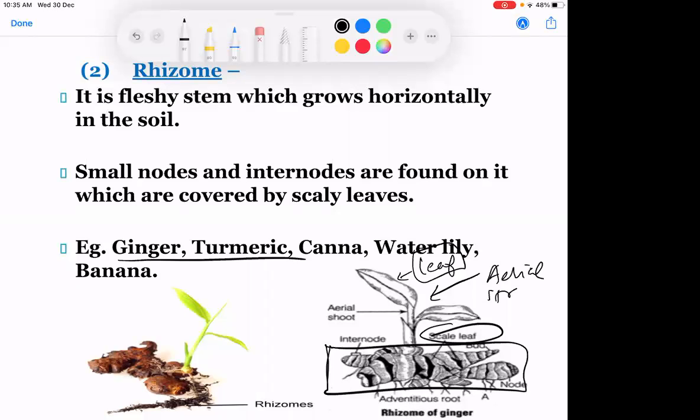The entire stem is the food store. If you remember the potato, only the tip of the stem or branch is storing the food. Here, between both, the entire stem is becoming fleshy and grows horizontally into the soil.